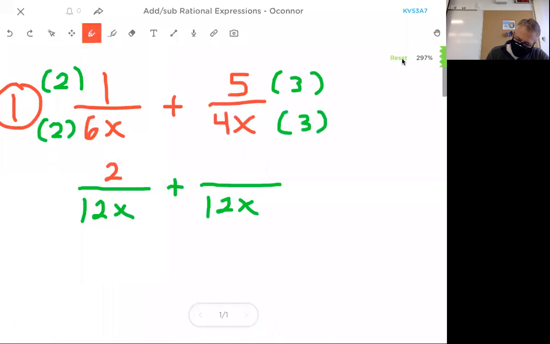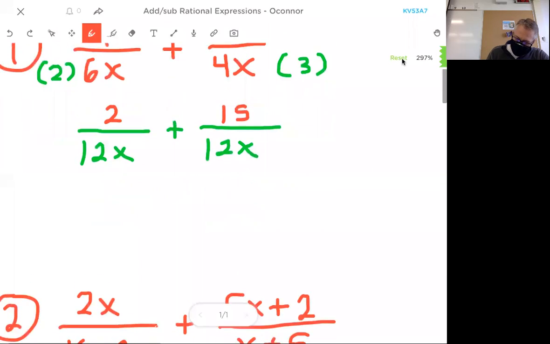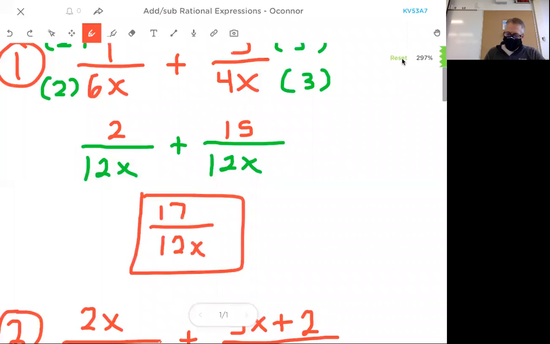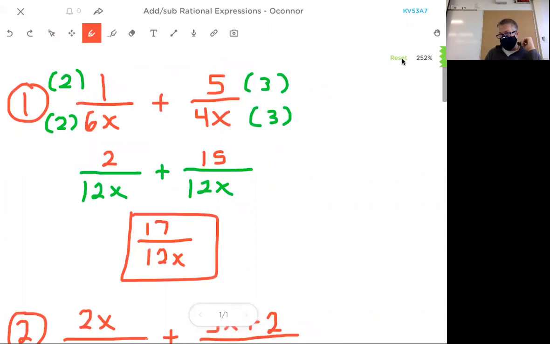So that's going to be 15 on top. And so then we add them together and we get 17 over 12x. Now, some of you that used 24x as your denominator, you ended up with 34 over 24x, which means you did it correctly, but then you have to reduce the 34 and 24. So we still should get the same answer of 17 over 12x.